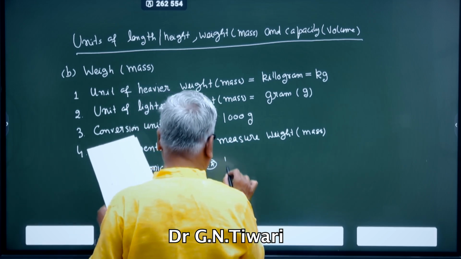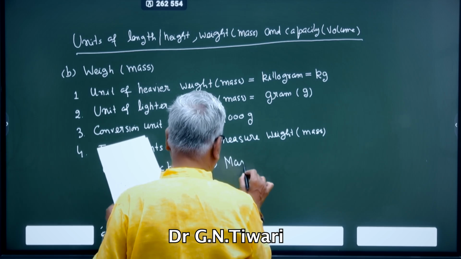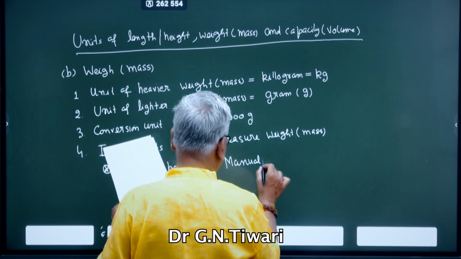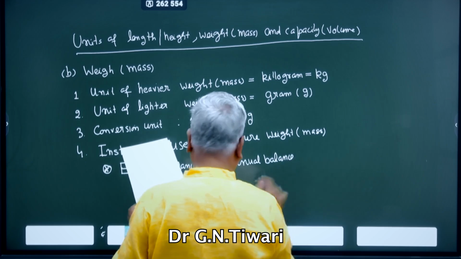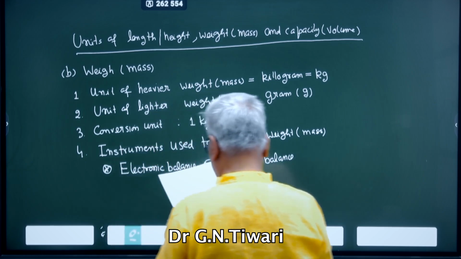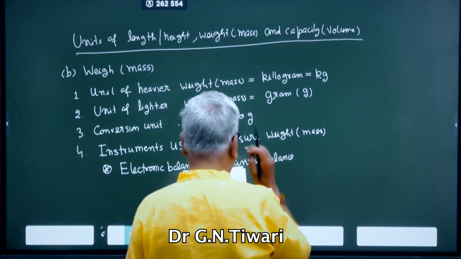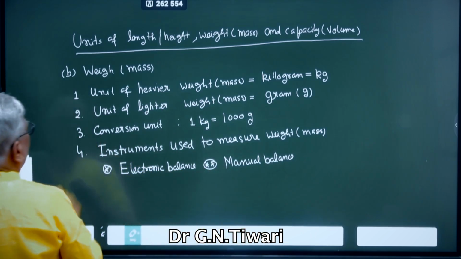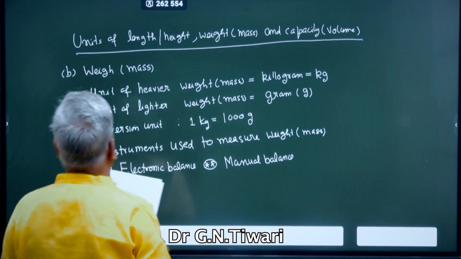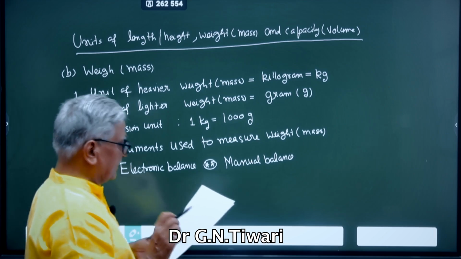Second, manual balance. It is also available in the vegetable market. So these are the things which are important to know as far as weight is concerned.